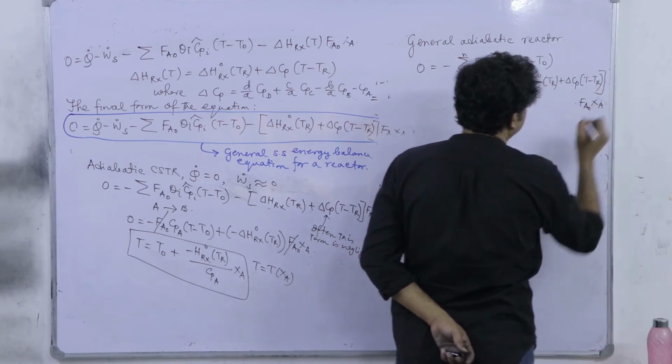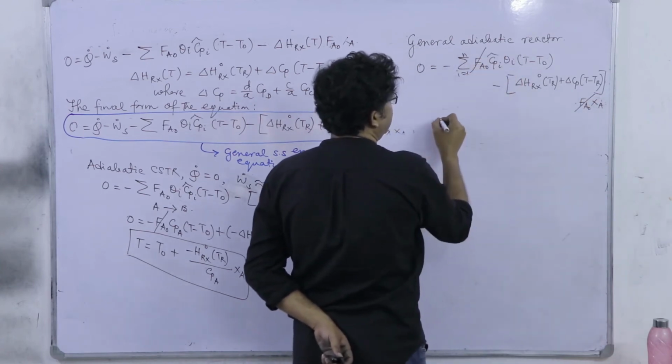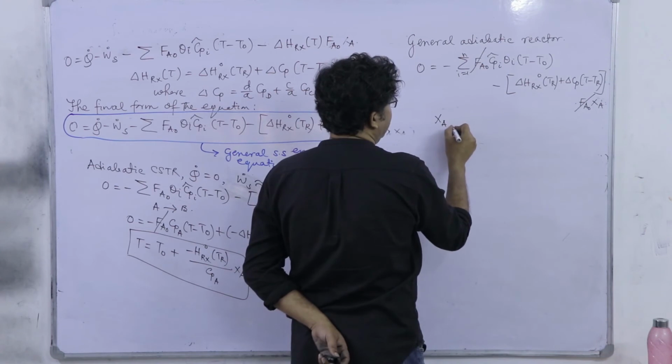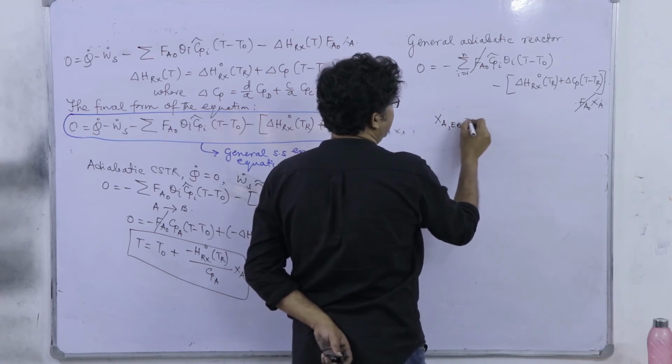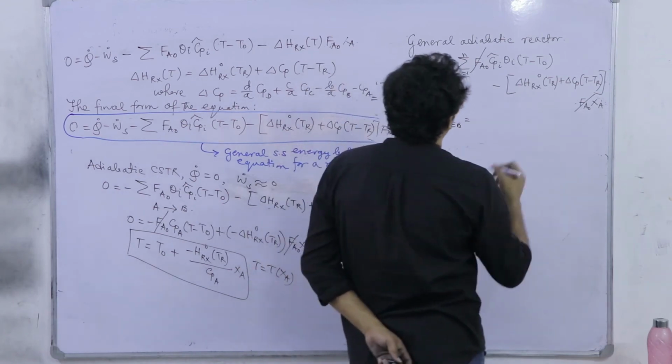into X_A. Right? So F_A0 naturally cancels out and we have X_A, what we obtained from the energy balance. So let's write it as X_A,EB.